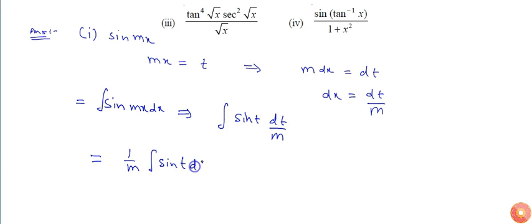So sin t dt, integration of sin t is minus cos t, so minus cos t by m. Now I can put the value of t, which is mx, so the answer will be minus cos mx by m, and since it is indefinite integration, plus c, the integration constant.